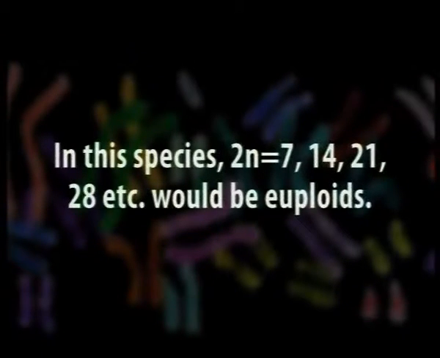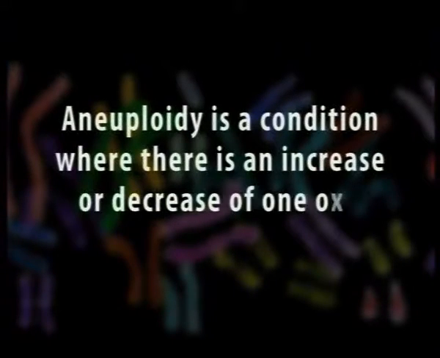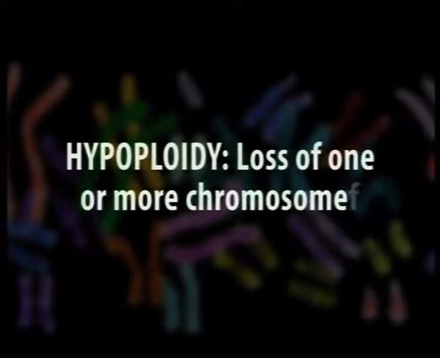euploid conditions. Now, aneuploidy, which is our basic topic today, is a condition where there is an increase or decrease of one or a few chromosomes from the basic somatic chromosome number. Aneuploidy is of two types. Hypoploidy means loss of one or two chromosomes.